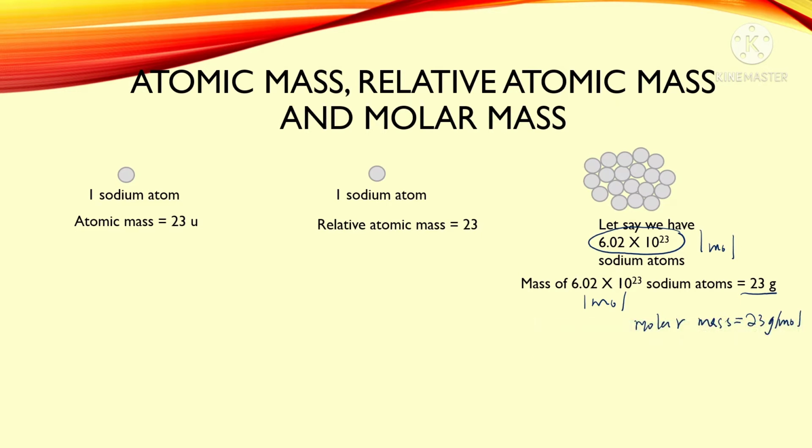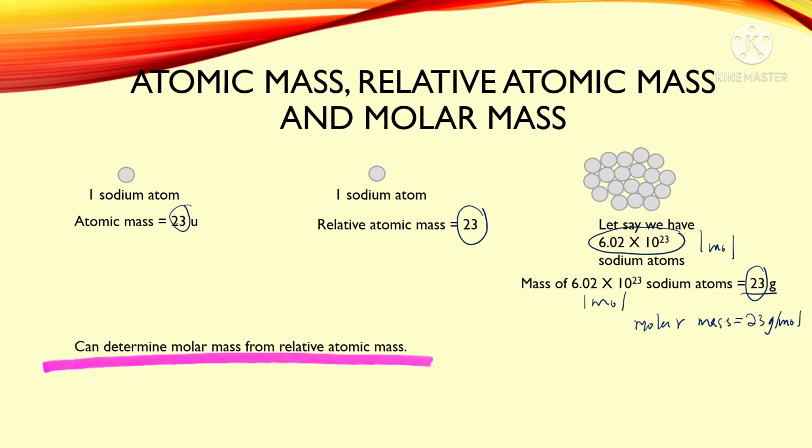From the atomic mass, relative atomic mass, and molar mass of sodium, we can see that all of them have the same numerical value, which is 23. So what can we conclude from here? We can conclude that if we want to determine molar mass of a substance, we can actually obtain the molar mass of a substance from its relative atomic mass.